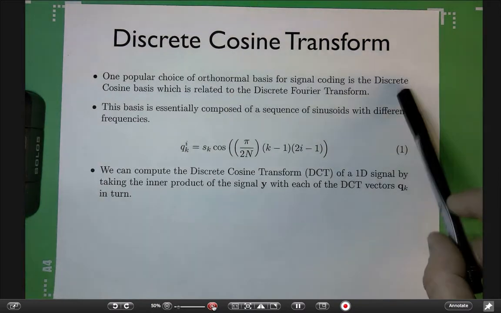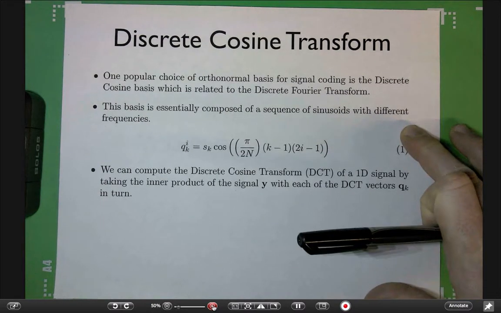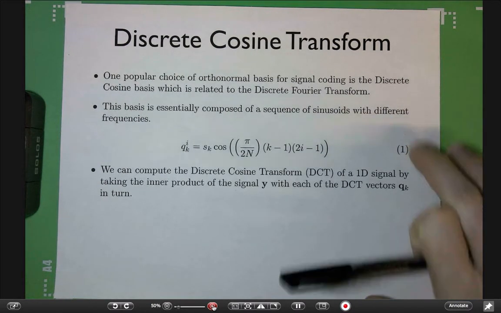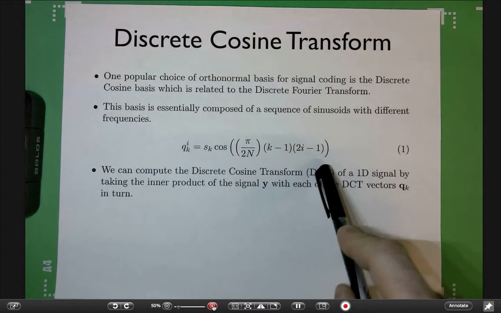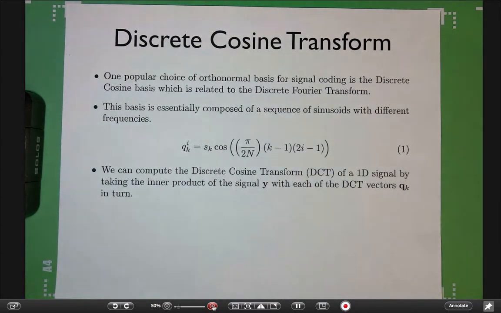What is cool about the discrete cosine transform is that I don't even have to explicitly store the matrix, because I have an actual formula to compute the entries of the matrix. And if I have a formula to compute the entries of the matrix, I also have, of course, a formula to compute entries of the transpose of the matrix, the same thing, just flip about the main diagonal. So I don't even need to store the matrices anywhere.